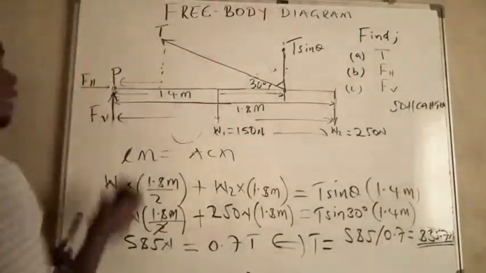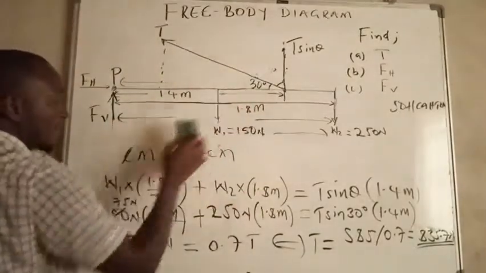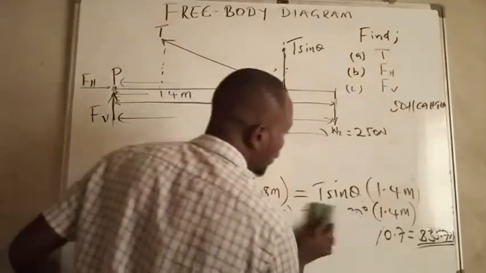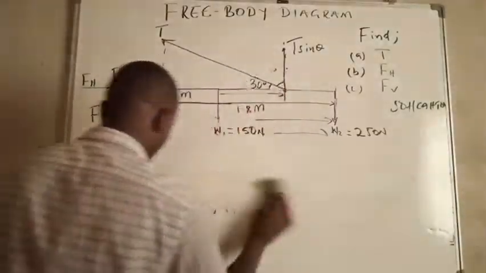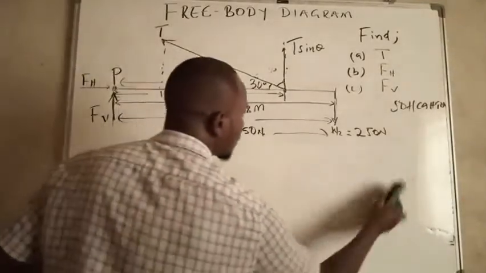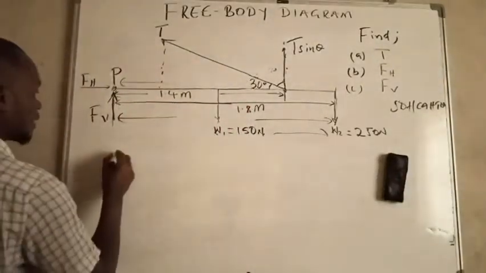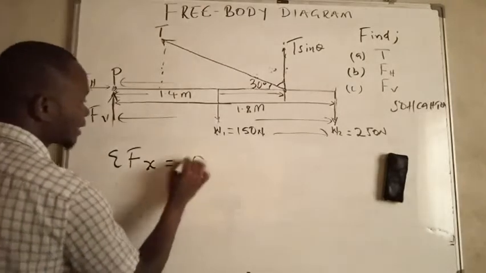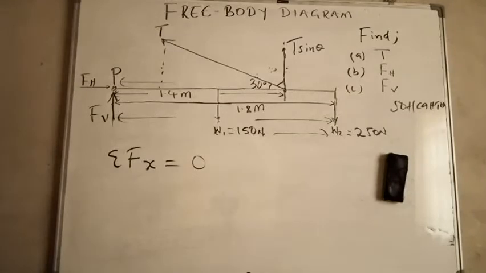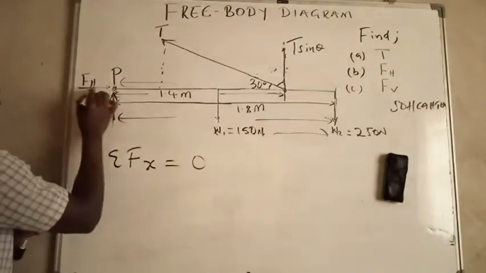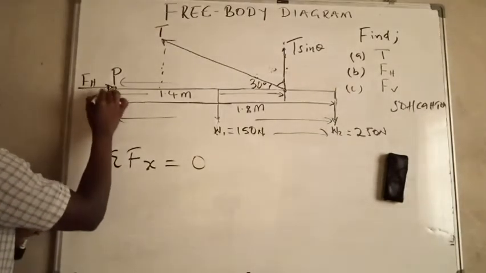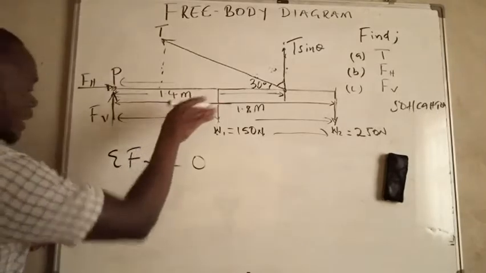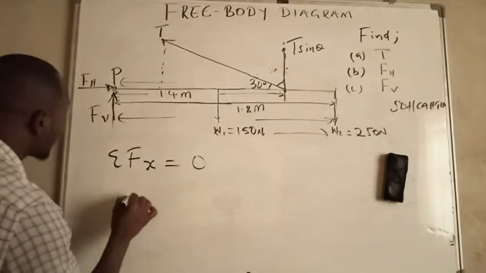Now let's proceed to find the vertical and horizontal components. We are going to begin with the horizontal component, then the vertical at the end. We know that the summation of forces in X must give us 0. So we have this one, the horizontal component of the force, going in the positive direction.